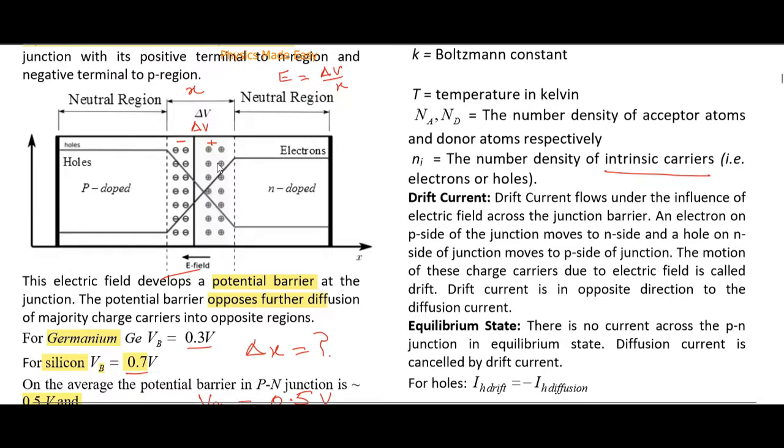Positive charge is localized on N side and negative charge is localized on P side. As a result of this bound positive and negative charge, potential difference develops. And due to potential difference, electric field develops.